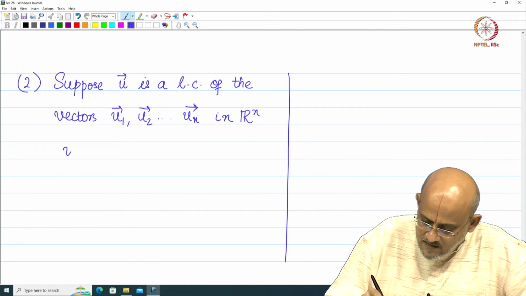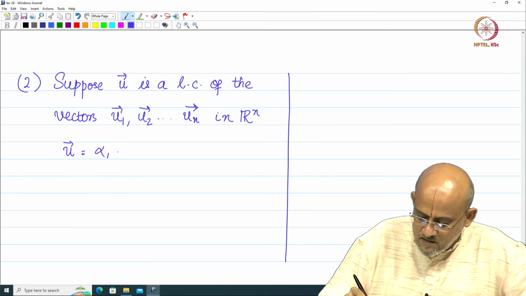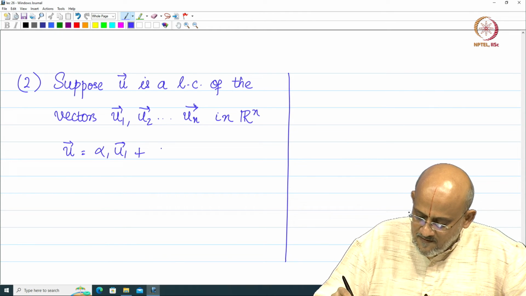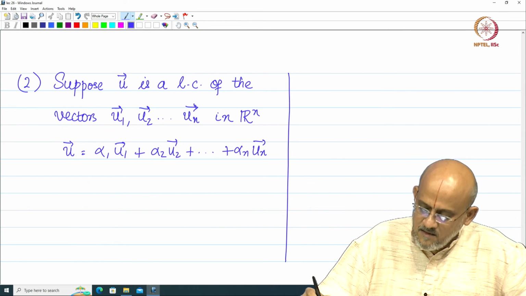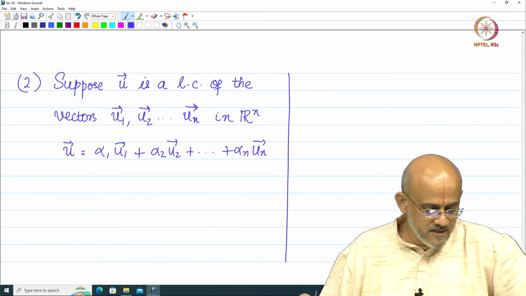Then that means we can write the vector u equal to alpha 1 u1 plus alpha 2 u2 plus etc. plus alpha n un, basically the linear combination of these vectors.